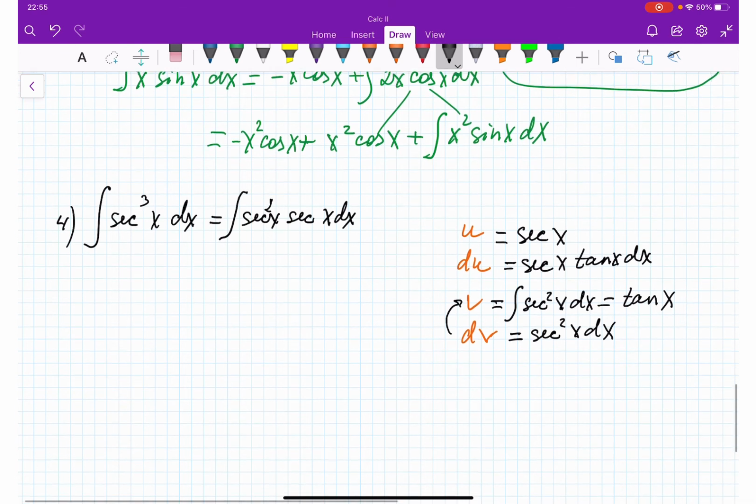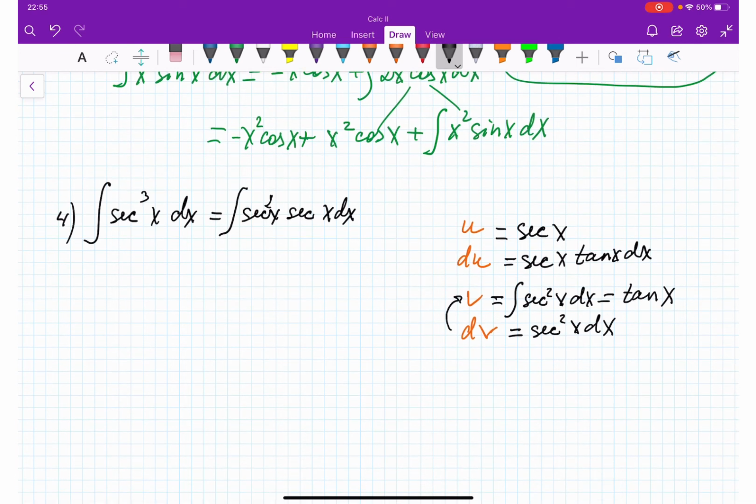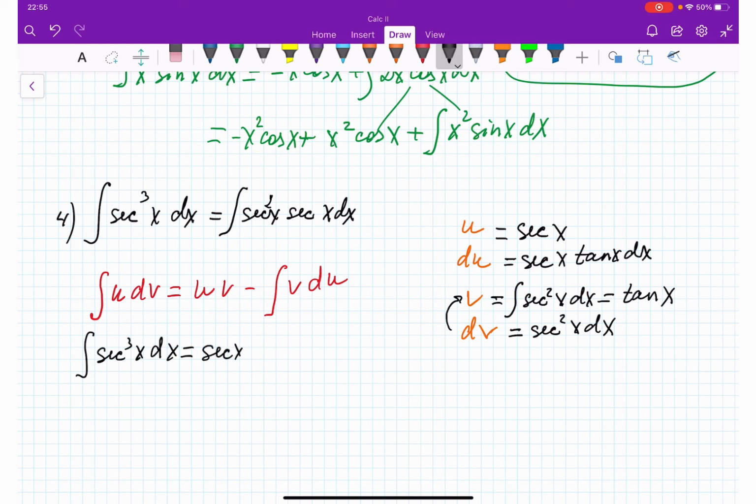So writing down, integral u dv is equal to uv minus integral v du. All right, let's write down. So integral secant cubed x dx is equal to secant x tangent x, right?